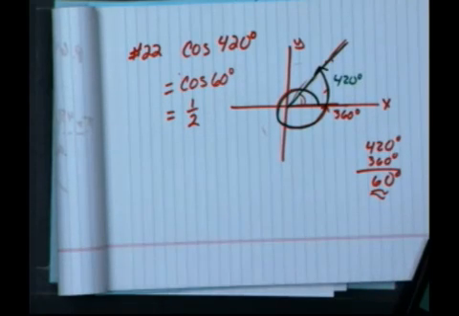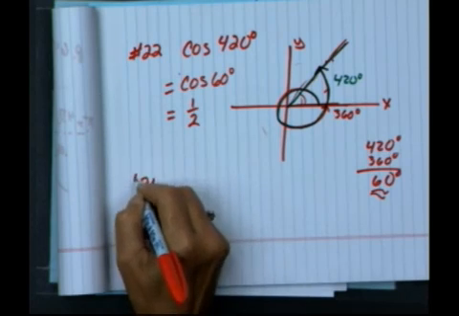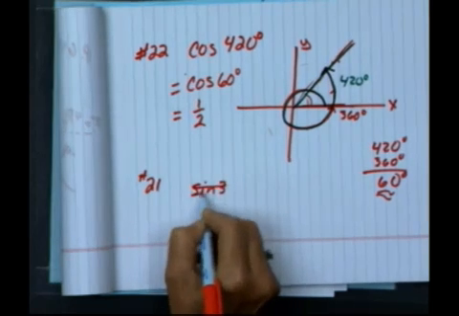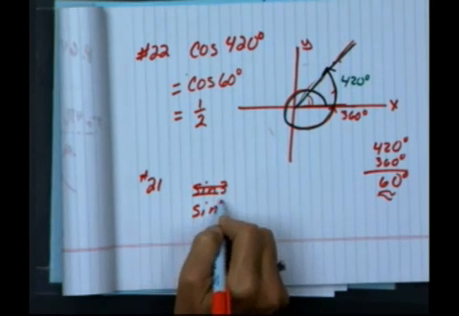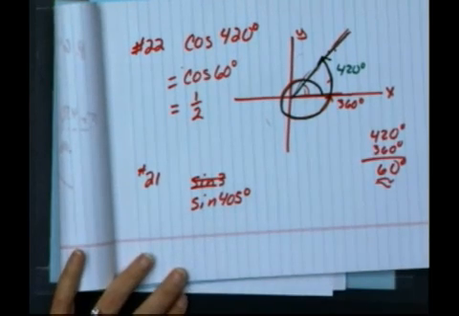All right. Yes? Isn't there a way you can, like for number 21, just subtract it from the nearest terminal angle or something? Okay, all right, so tell me what you're wanting to do.